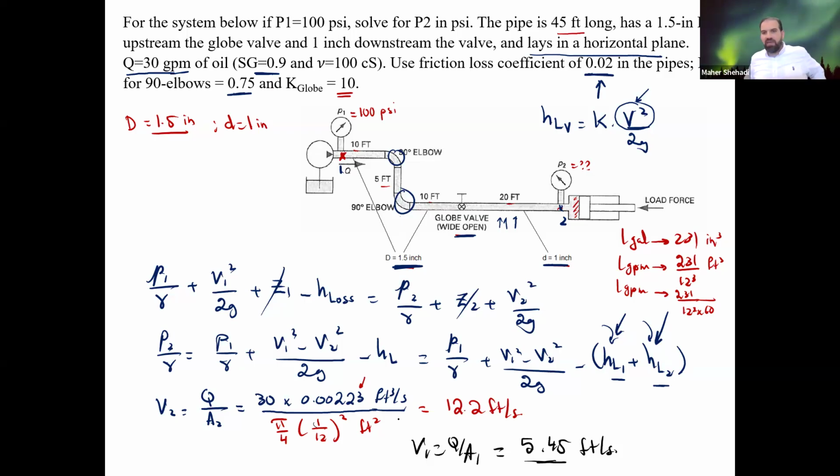Now, before we dig into head loss 1 and 2, if we don't have the frictional loss given, then I will need to find the Reynolds number. And then from the Reynolds number, I can calculate the friction factor, which they gave you as 0.02. Again, because I have two diameters, I'm going to have two velocities, and then I will have two Reynolds numbers.